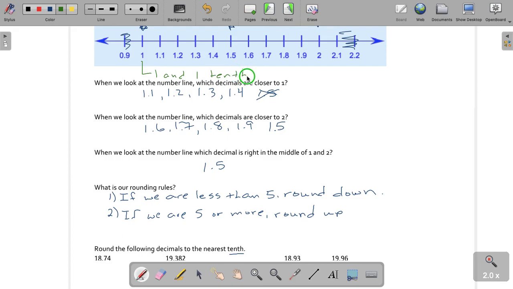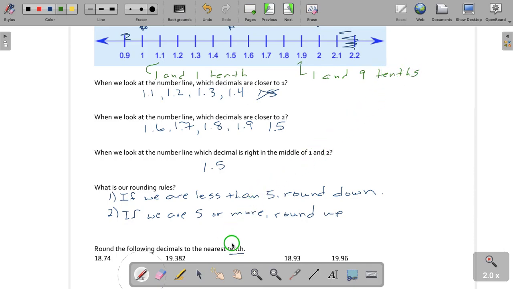That's how we say that. Some people say 1.1. Oh, you know what? It's not that number. It is this number right there. That number right there is 1 and 1/10. This number right here is 1 and 9/10.